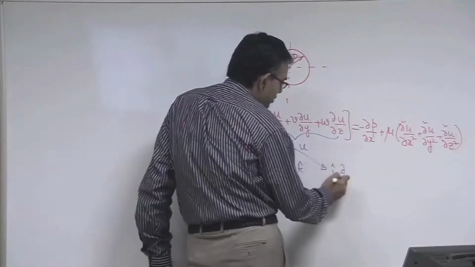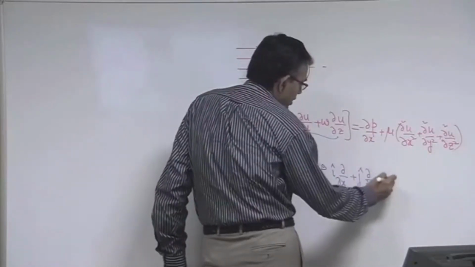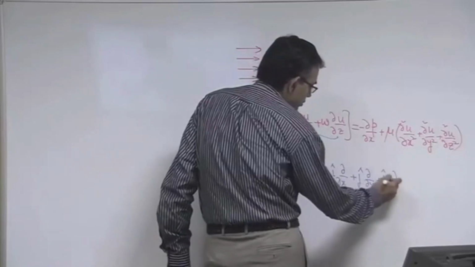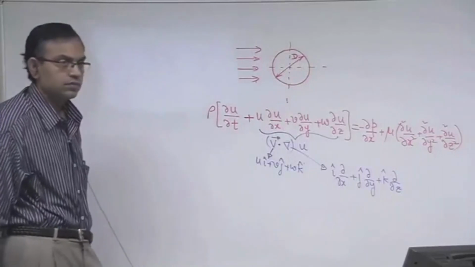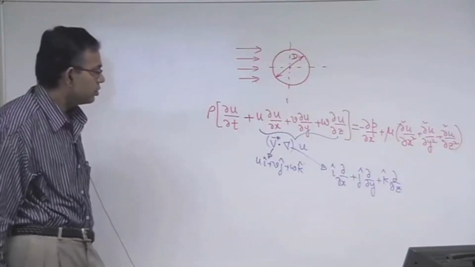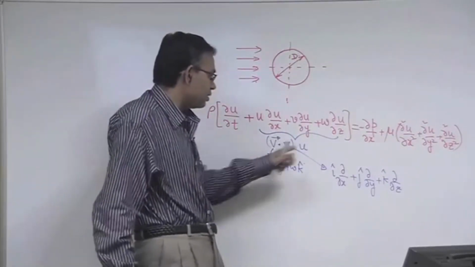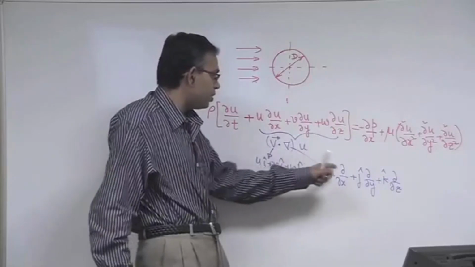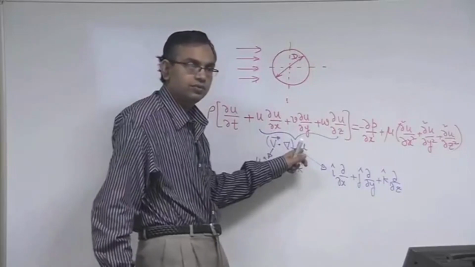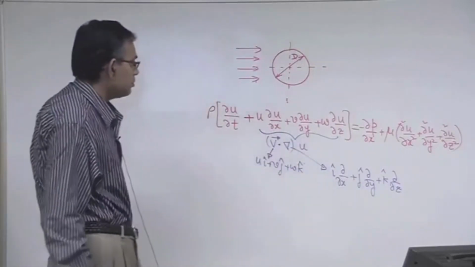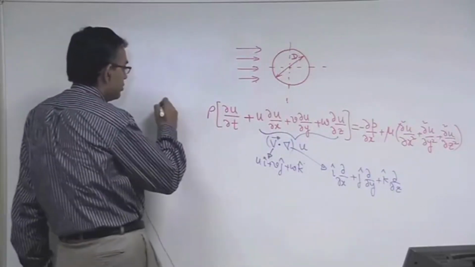I del del x plus j del del y plus k del del z. Okay. So, if you take V dot del, it becomes u del del x plus v del del y plus w del del z, and the operator is operating on u. Okay. So, this is the x component of the momentum equation, x momentum.